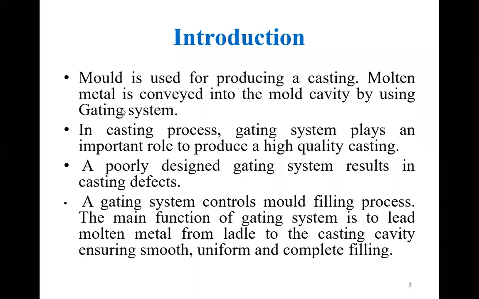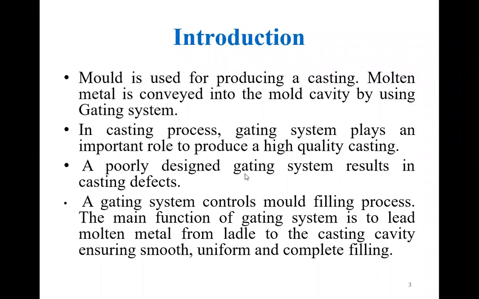Without a gating system, with only a sprue and a runner, we can't flow the molten metal over to the mold piece. Some connection must be there between the sprue and the mold, so we interconnect the sprue and the mold cavity with the help of a gate. In the casting process, the gating system plays an important role to produce a high quality casting.